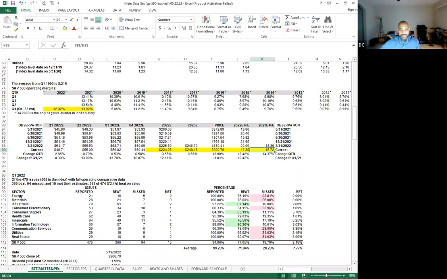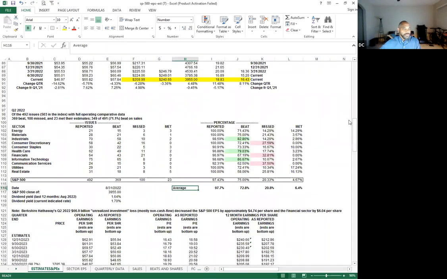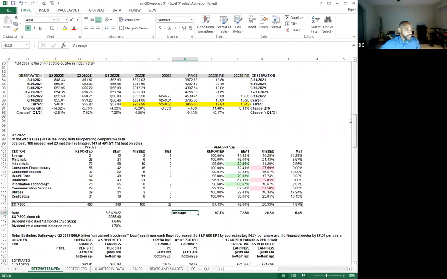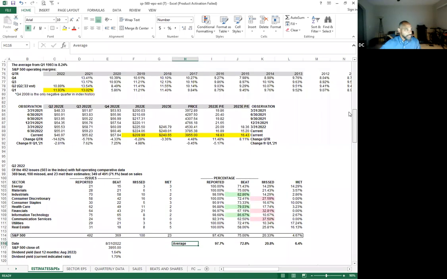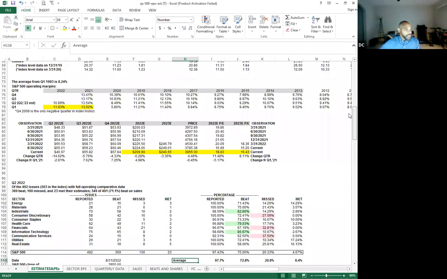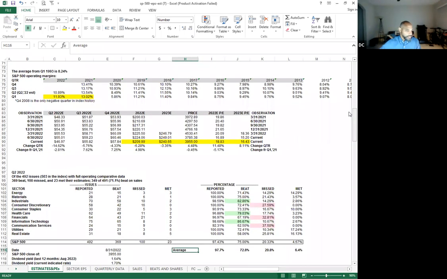So let's take a look at where we are today on the equity side. So the majority of earnings have been reported so far, over 90%. So we're almost fully complete as of August 2022.